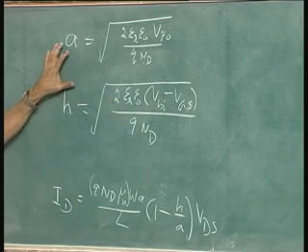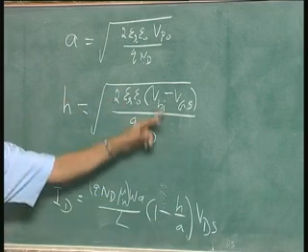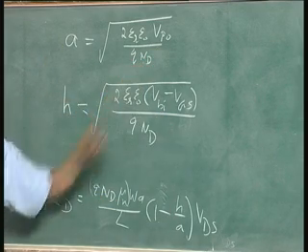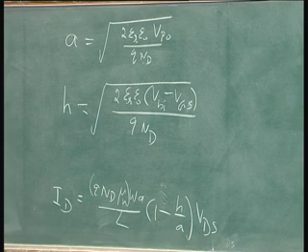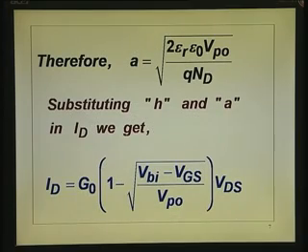So, H divided by A is square root of V b i minus V g s divided by V p 0. That is it. All that you have done is substituted for H and A. So, G naught into 1 minus H by A into V d s is the IV characteristics.